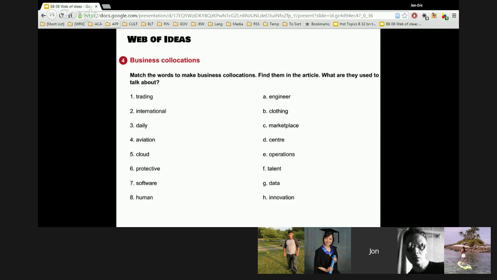International? International marketplace. It just came up in the article, right? You're right. International marketplace. We just read it, in fact.